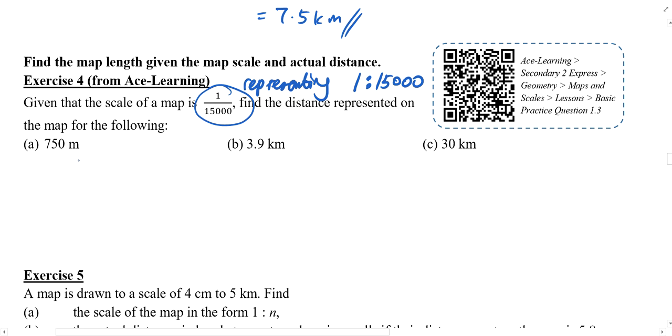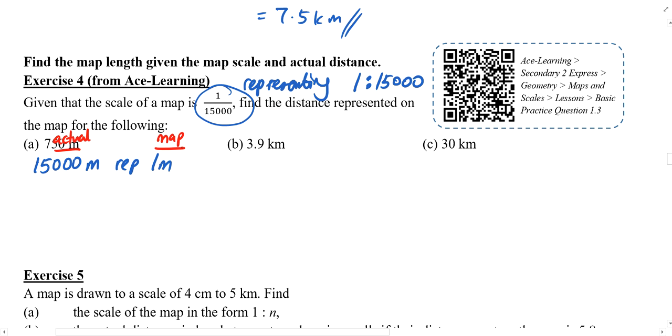Okay, so on the map, well, we can write 15,000 meters represent 1 meter, right? This is on the map. So let me just put a header. Map. This is actual.